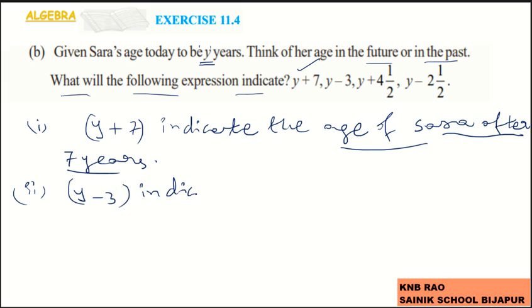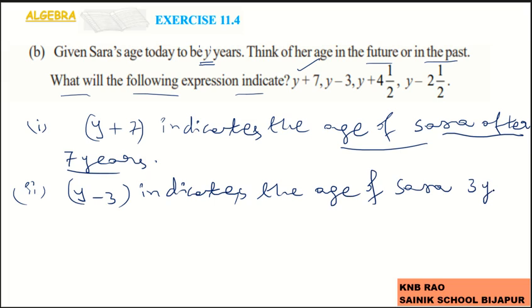Similarly, I can say second one, this y minus 3 indicates the age of Sarah three years ago. So 3 years ago means before.